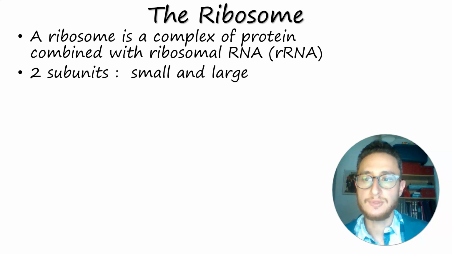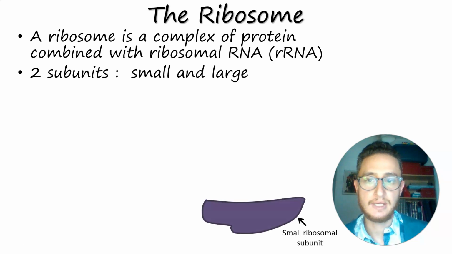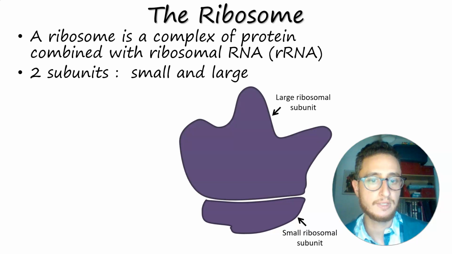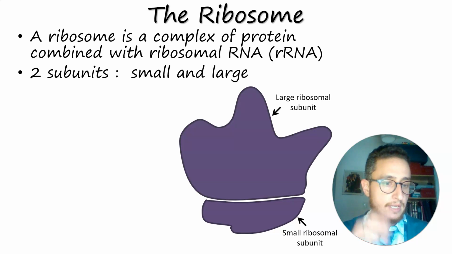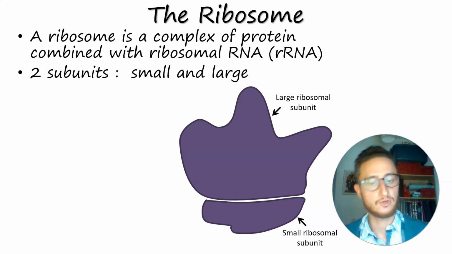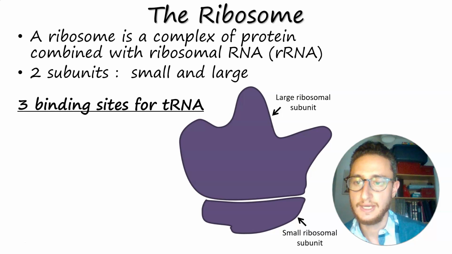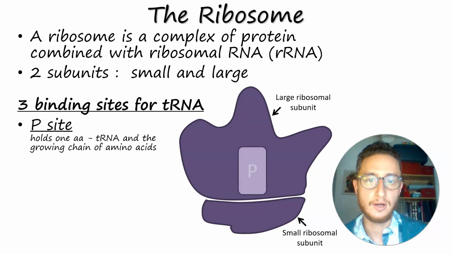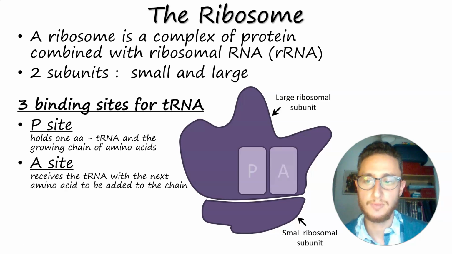So what about this ribosome? This thing is made out of two subunits, a small subunit and a large subunit, and they will only assemble when they bump into an mRNA. So the small ribosomal subunit will attach, and then the large ribosomal subunit will attach after that. And inside of the ribosome, there are three separate binding sites.